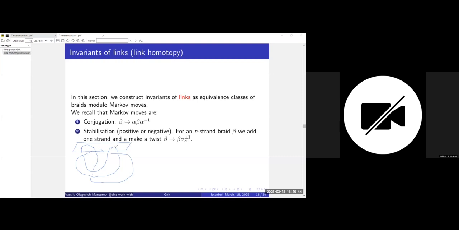The number of points changes. And also, there is no standard way to enumerate strands.